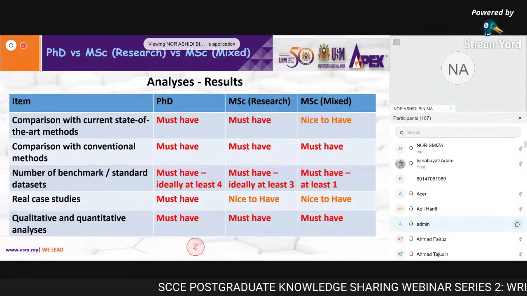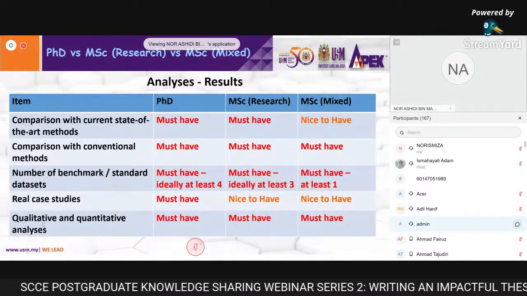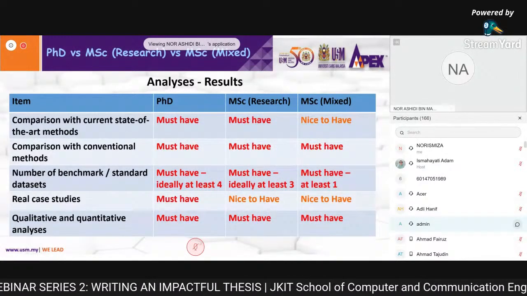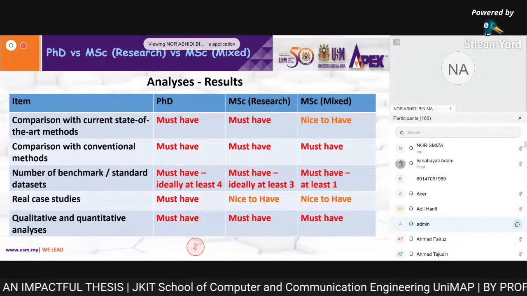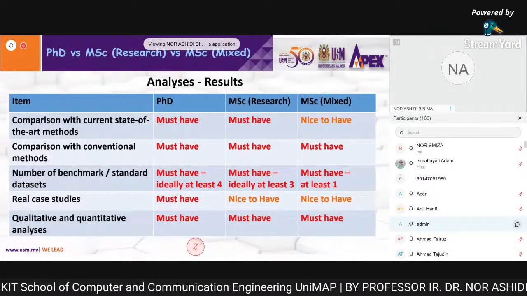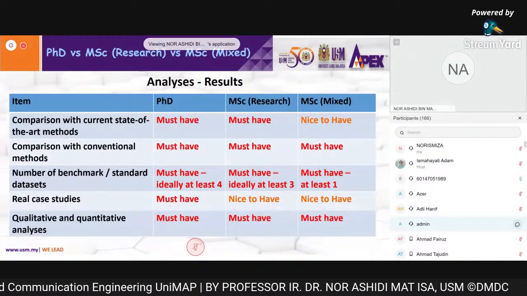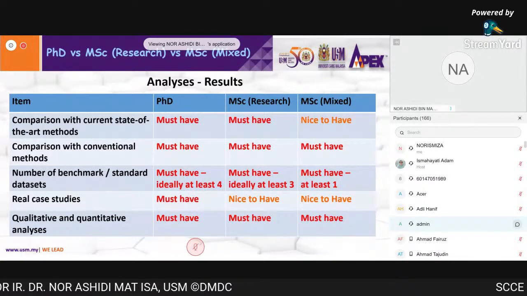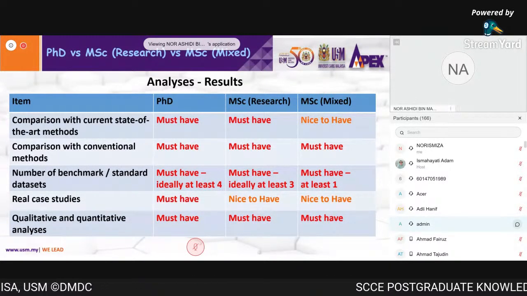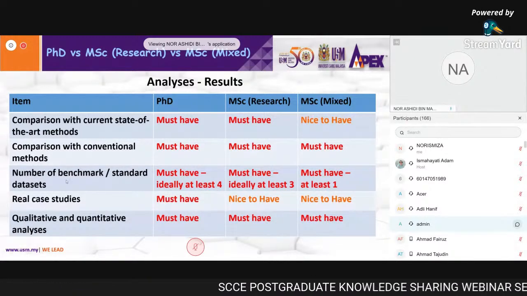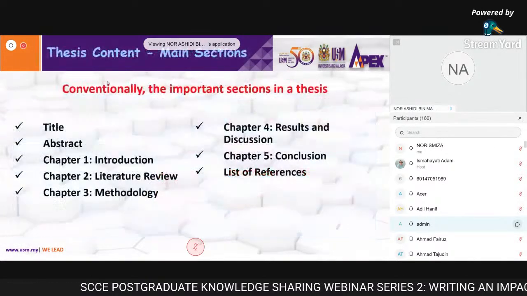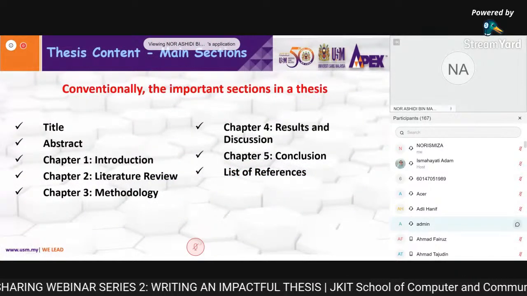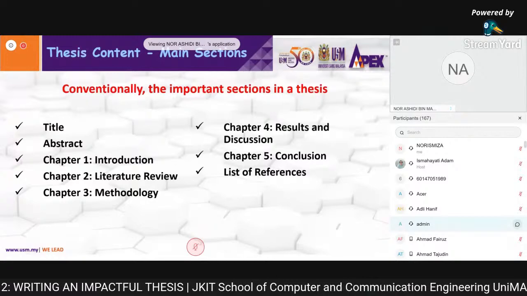Now it is time for you to use the analysis to prove whatever theory you highlighted in your methodology. So that's very important. Once again, these are the criteria, a checklist for the PhD in terms of analysis of your results. That's the difference between master and PhD.